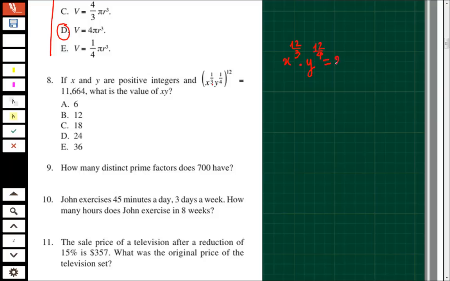It is S raised to the power 4 times Y raised to the power 3 equal 11,664.